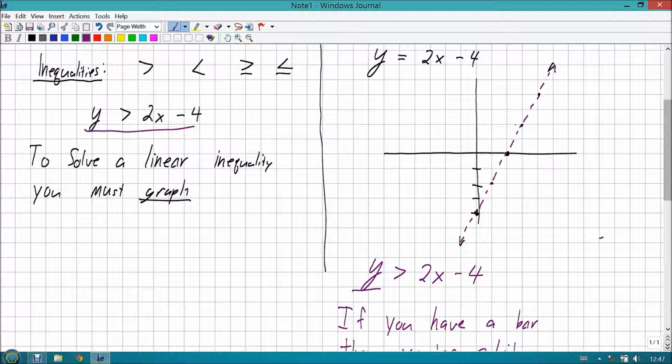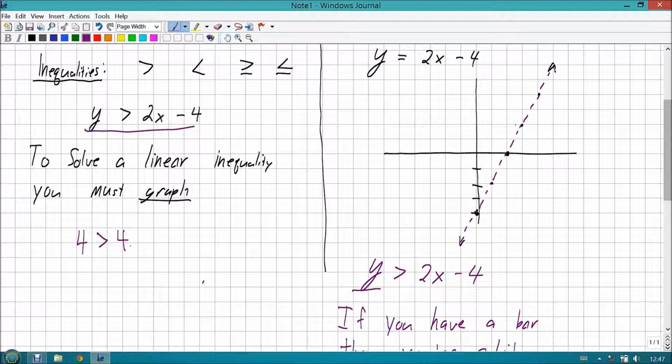This represents that I don't actually touch any of the numbers that are on the line, because if something is strictly greater than, for example, is 4 greater than 4? The answer to that question is no. 4 is equal to 4. It can't be greater than itself.